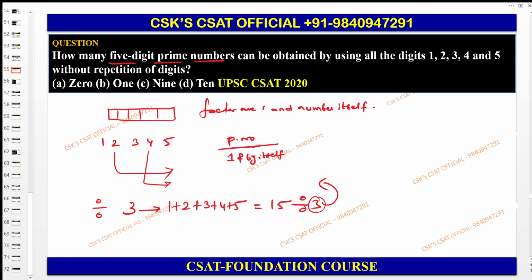Here the sum is divisible by 3, which means except 1 and itself, you have one more factor. So with the digits 1, 2, 3, 4, 5 without repetition, you cannot form any 5-digit prime number. The answer for this question is option A, 0. Getting everyone?